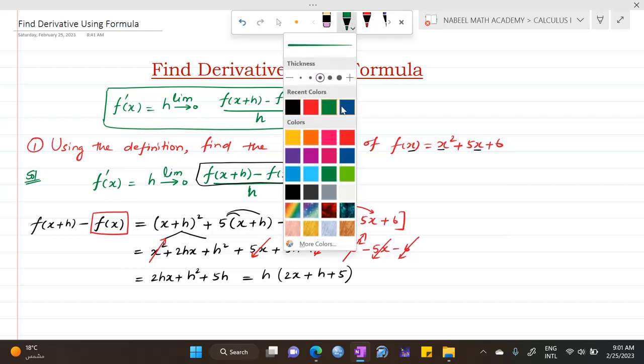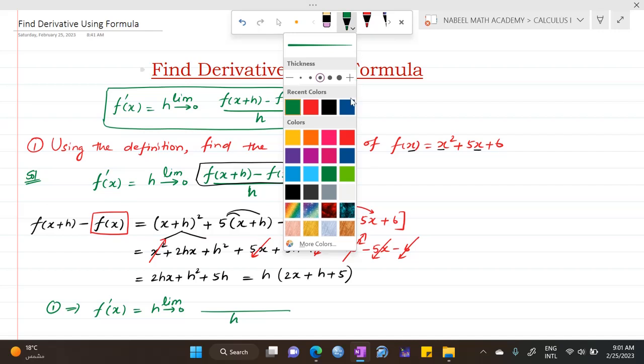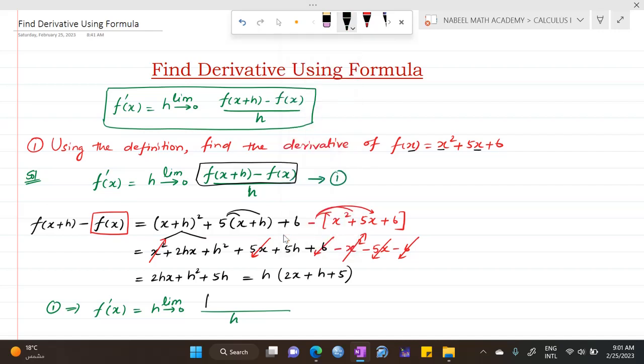Now I substitute this in equation number 1. So you have the limit as h approaches 0, and this is over h. The numerator is h times 2x plus h plus 5.